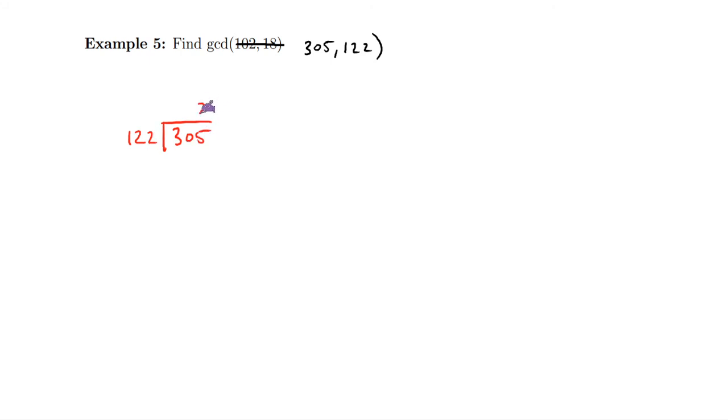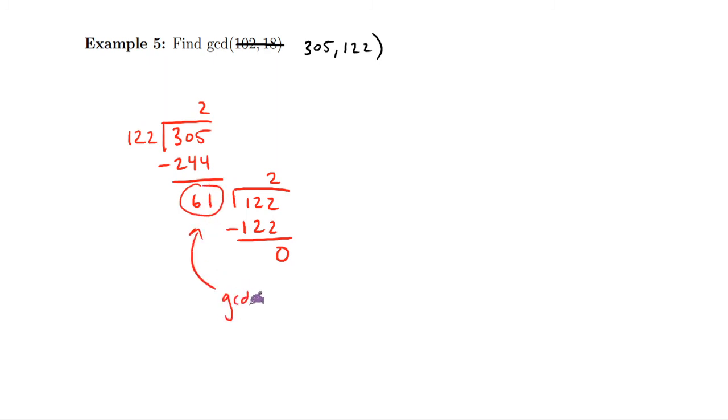Okay, this only goes in twice, which will be 244. Subtracting these is 61, right? And then 61 divided by 122. So that goes in exactly twice, right? So this is 122, and I get a remainder of 0. So this right here is the GCD. So the GCD of 305 and 122 is 61.